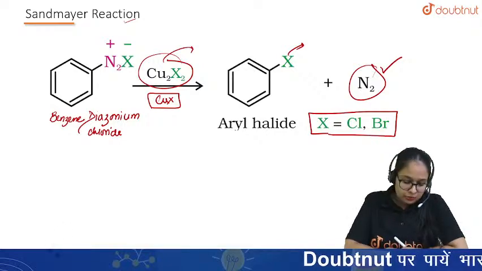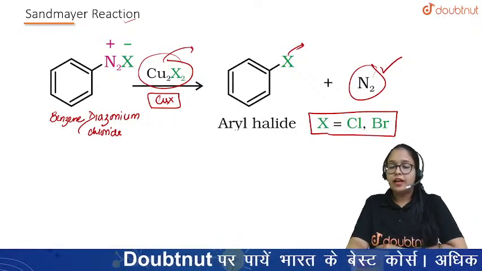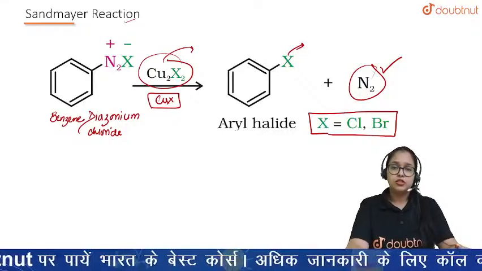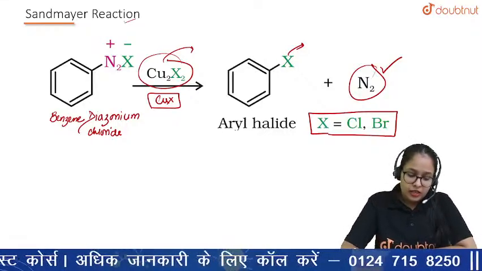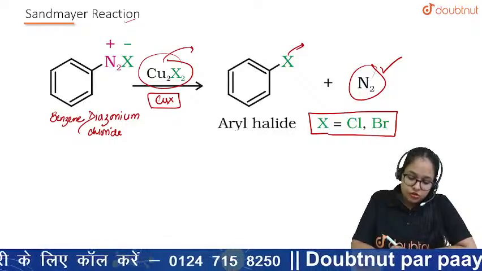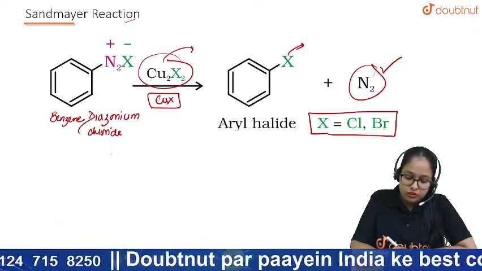Now, how would you learn which of the reagents are your Sandmeyer reagents or your Gattermann reagent? I've already learned it with a trick, and I'll give you the trick to learn the reagents.